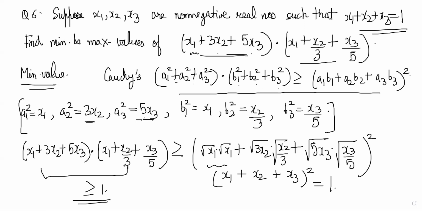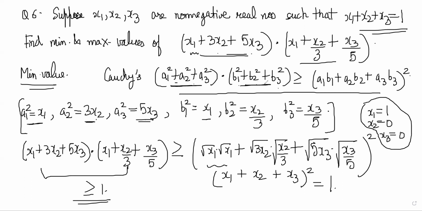And similarly for this, whereas here you're getting a 1, x1 and x1. So the only way it will happen is if x2 and x3 are 0. We can say x1 is 1, x2 is 0, and x3 is 0. In that case, the two vectors here will be parallel because both are the same vector actually. It is 1 for a1 and 1 for b1, whereas a2, a3, b2, b3 are all 0.